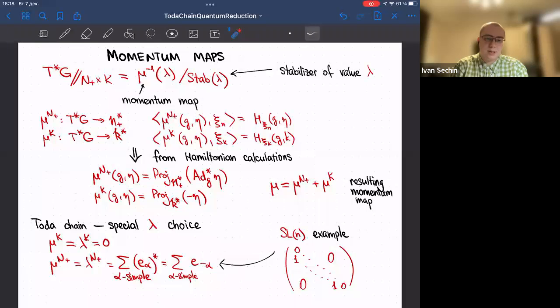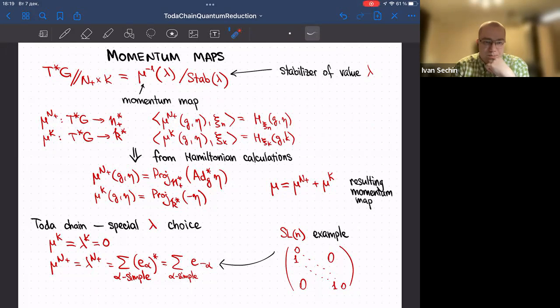A momentum map is a function from our phase space to the dual of the Lie algebra of our acting group, for example here N plus and K. This definition is written here: if we pair our Lie algebra generators with the momentum map, we should get our Hamiltonians, which are constructed using this xi, a generator of the Lie algebra. This is the definition of the momentum map.